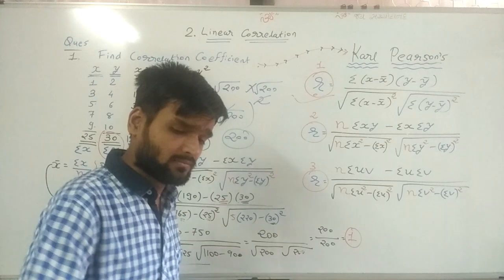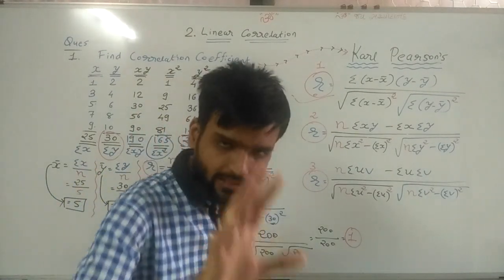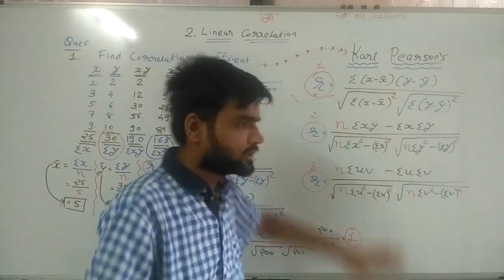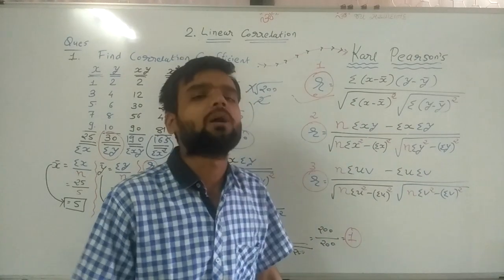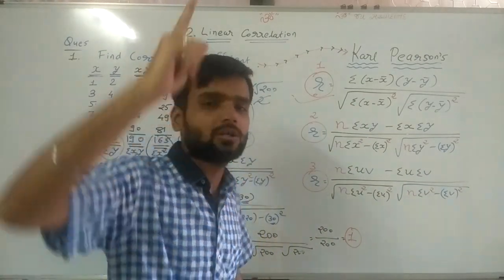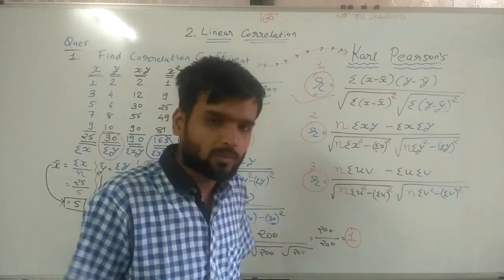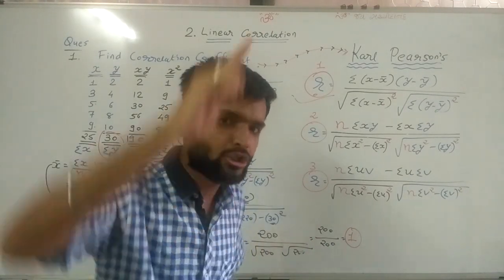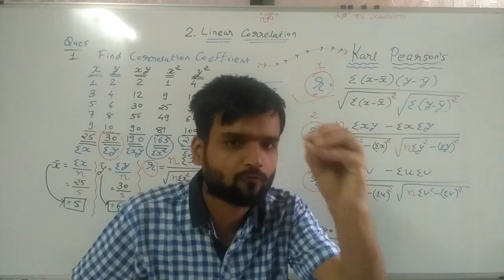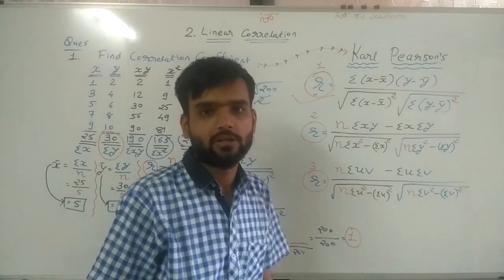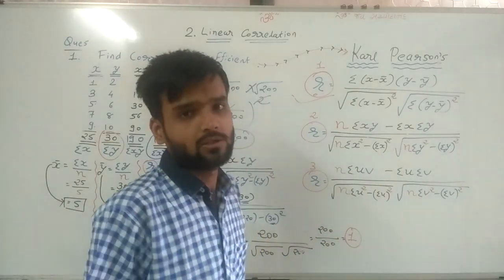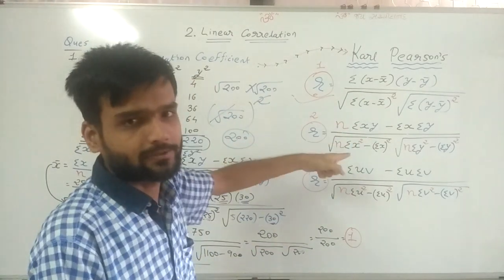I am confident that all of you know all three formulas, but even today I repeat them. These three formulas are for 5 marks in your examination, so it is a very important thing.